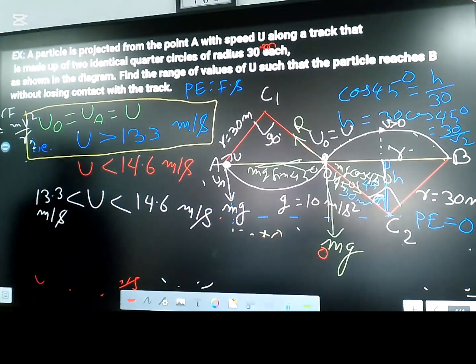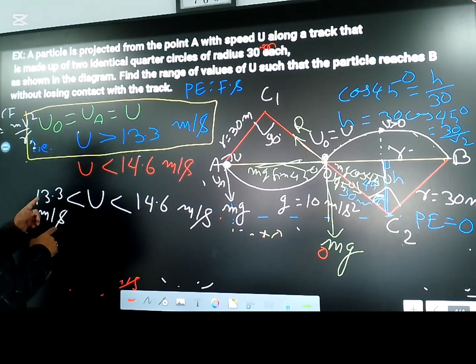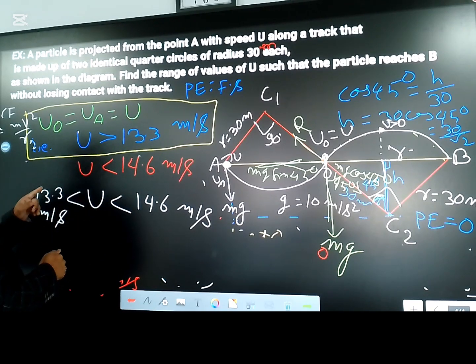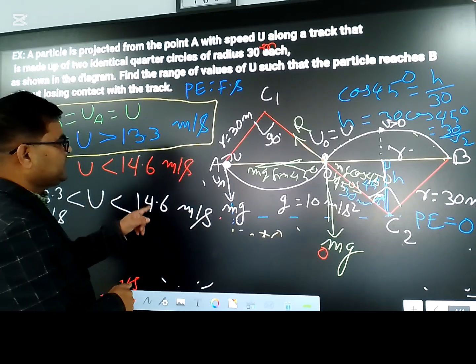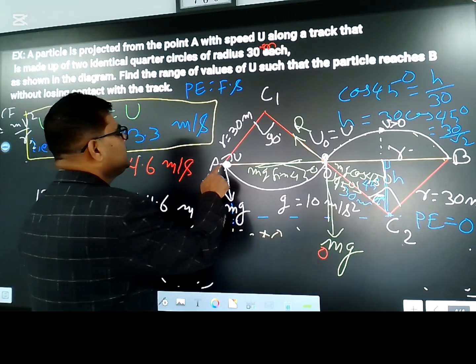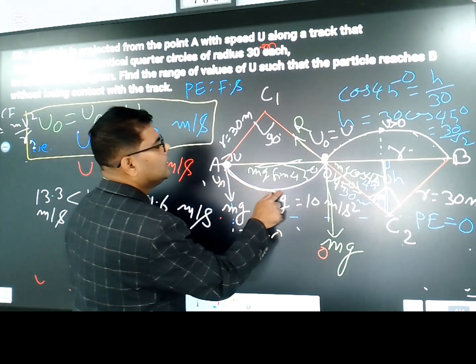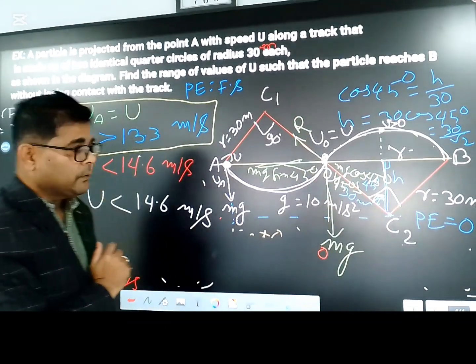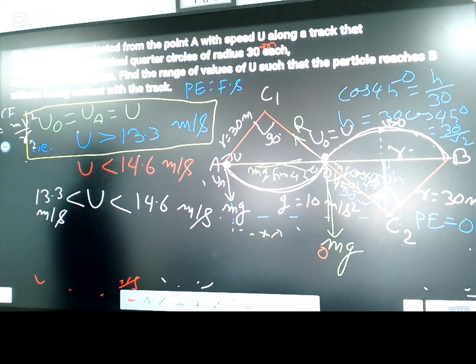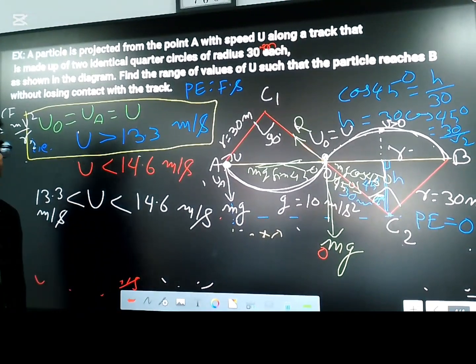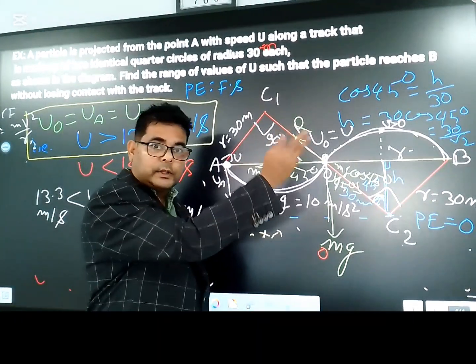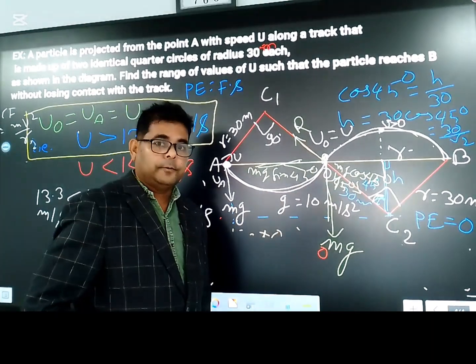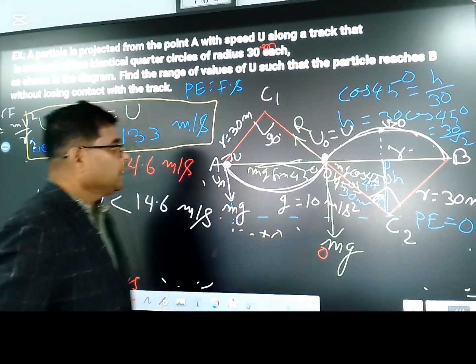So if the value of u is between these two values, 13.3 and 14.6 meters per second, then this particle will complete this whole circular motion. And this sort of thing applies in the case of a roller coaster as well. I hope all of you have seen the roller coaster.